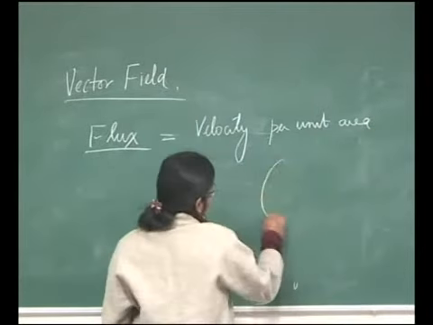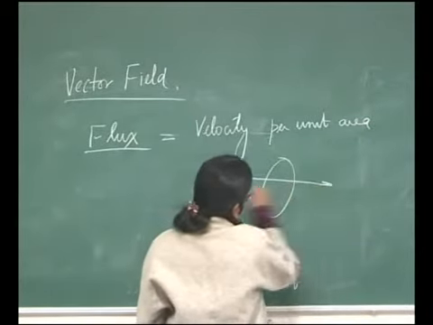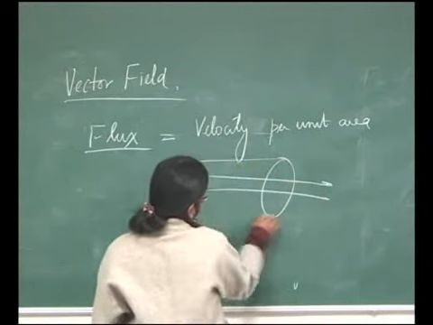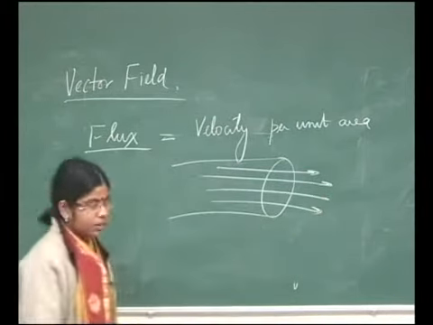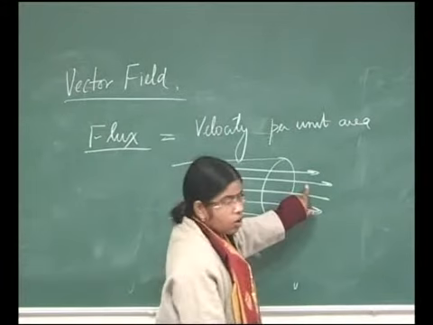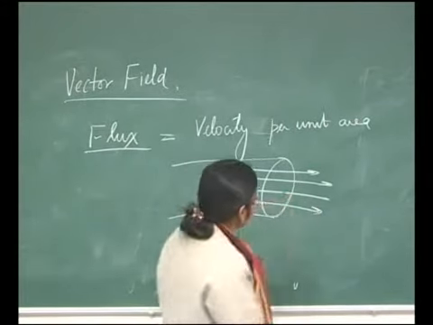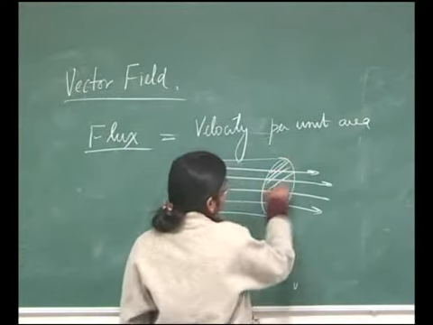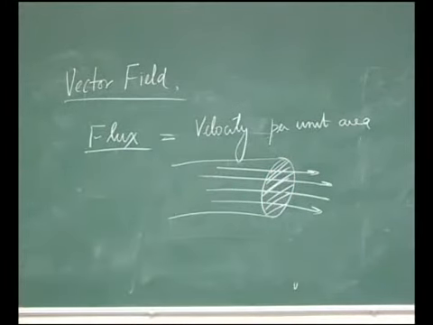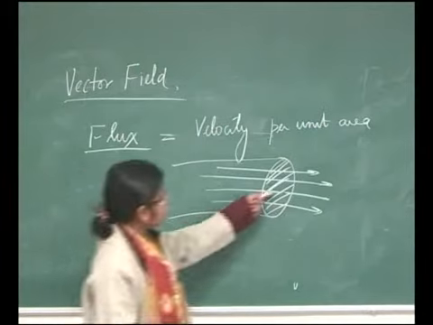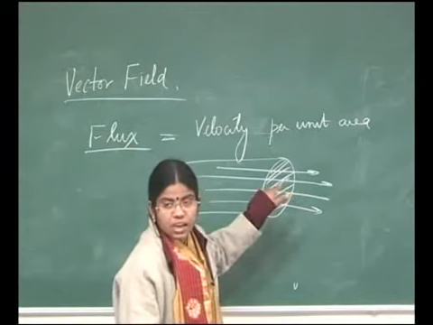If I have a pipe, then the flow of water coming out of this pipe is basically the flux of water. This is the velocity of water per unit area, and the direction of water flow is perpendicular, or normal, to the cross-sectional area of the pipe.